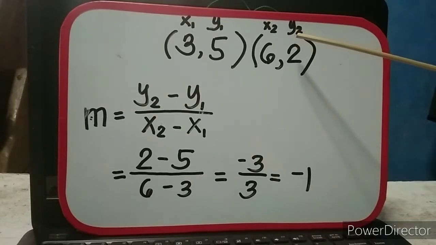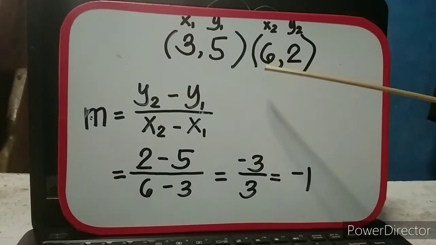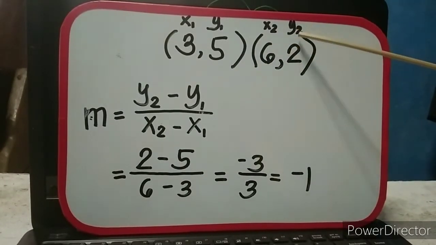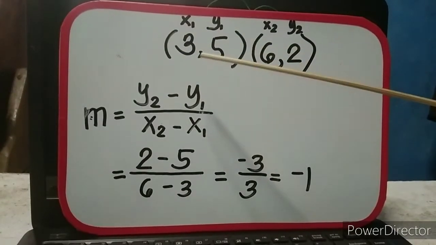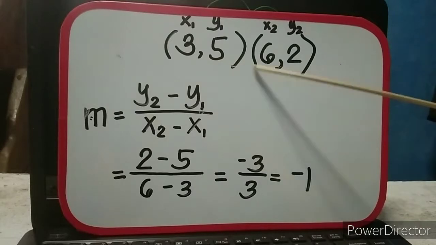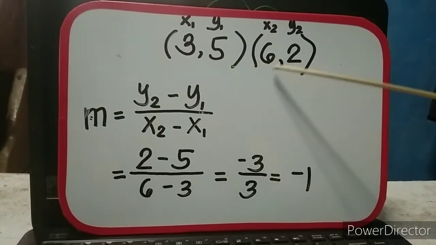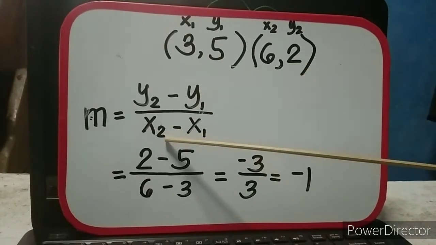We can also replace these 2 points. It can also be used as x sub 1, y sub 1, and this is x sub 2, y sub 2. This time, we will use these values for x sub 1, y sub 1, x sub 2, y sub 2. We will simply substitute these numbers to our formula.